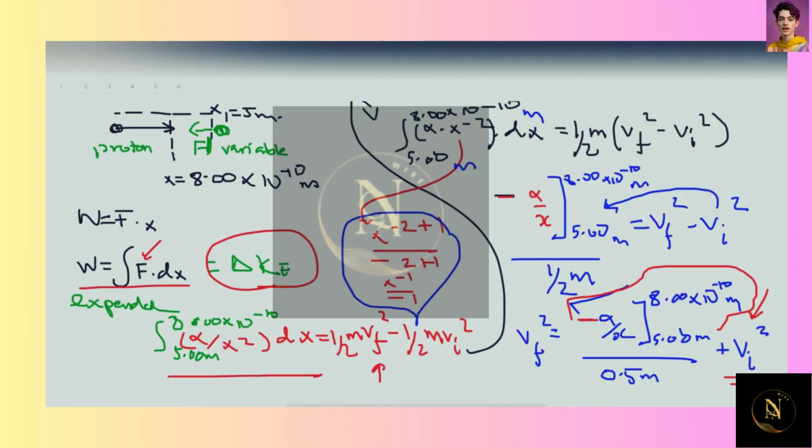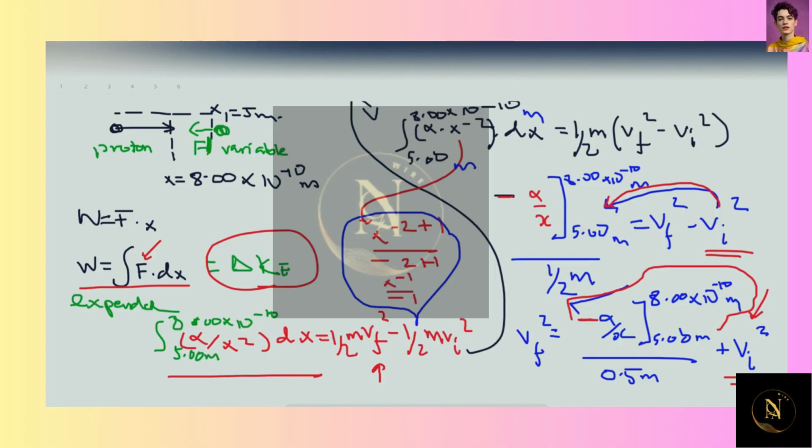And if you do the integral, you end up with a specific value. You have to solve for the final velocity. So to solve for the final velocity, you notice that the v initial moves to the other side. It moves to the left, right there, and so you have a new way of writing the problem.